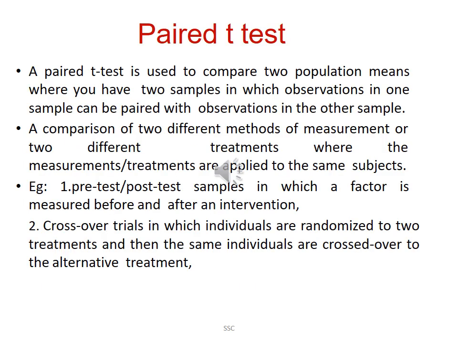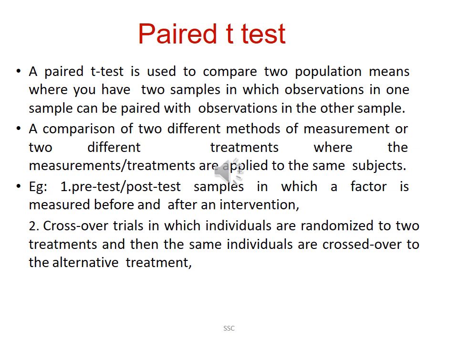Another type of t-test is the paired t-test. A paired t-test is used to compare two population means, where you have two samples in which observations in one sample can be paired with observations in the other sample. The comparison of two different methods of measurement or two different treatments where the treatments are applied to the same subject.